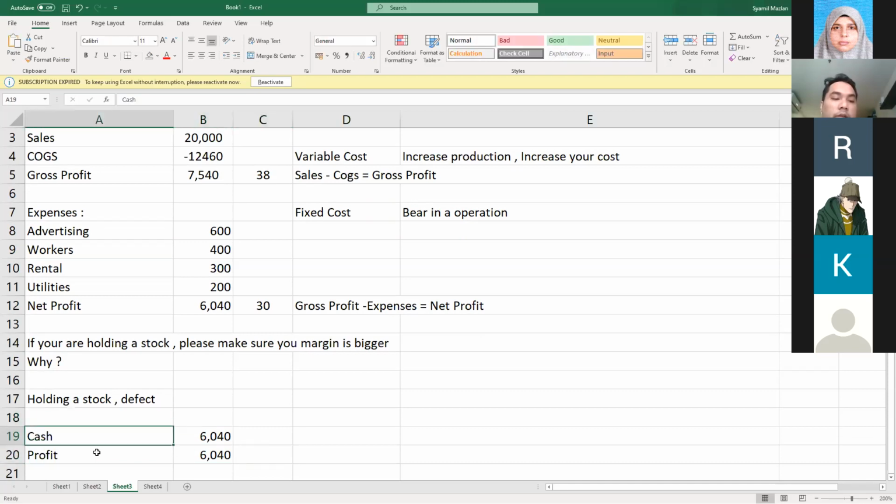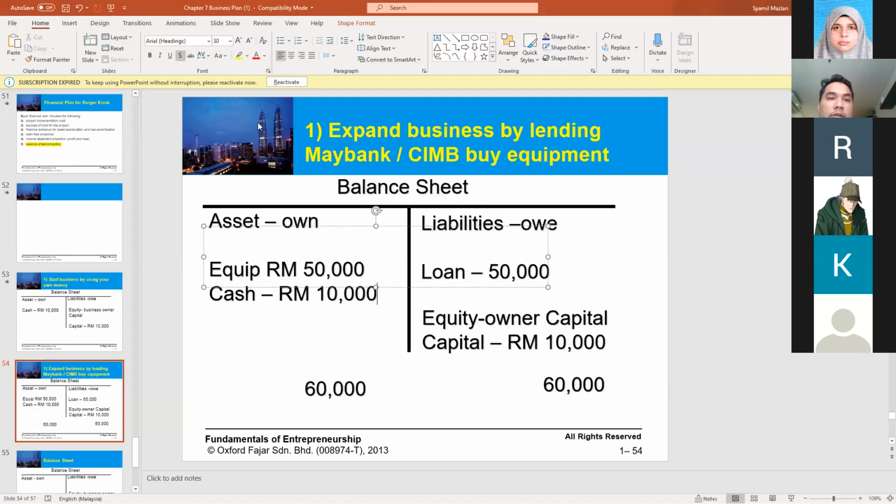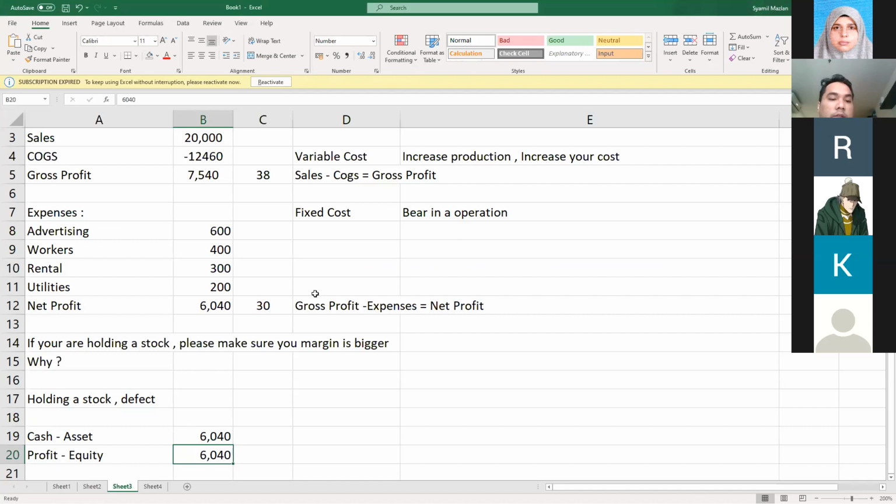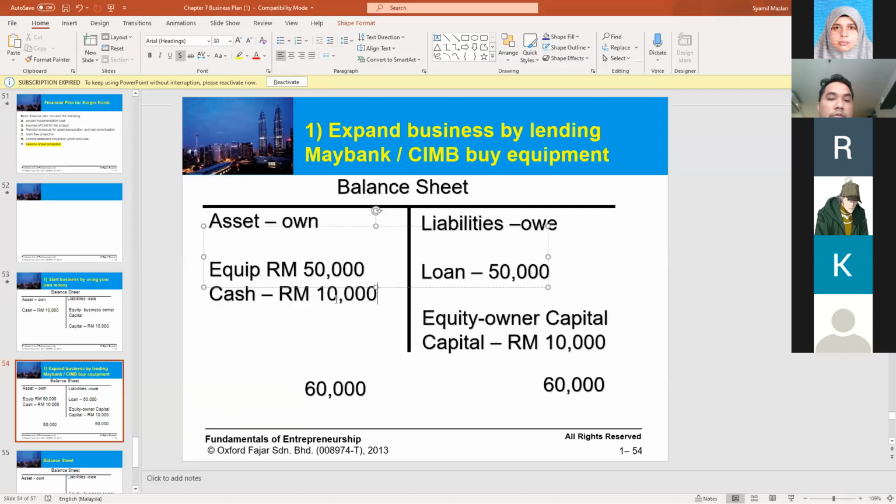So cash, you know, is under the item of asset. How about the profit? Profit is under the group of equity. So let's see. For example, you increase your cash from 10,000, you get another 6,040 ringgit. Now the cash in your hand is 16,040 ringgit.